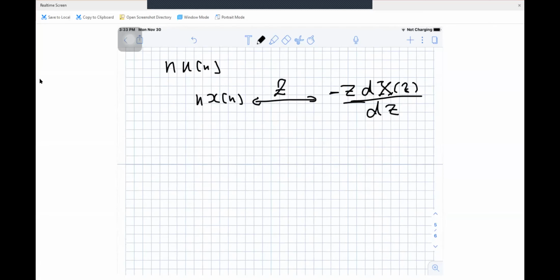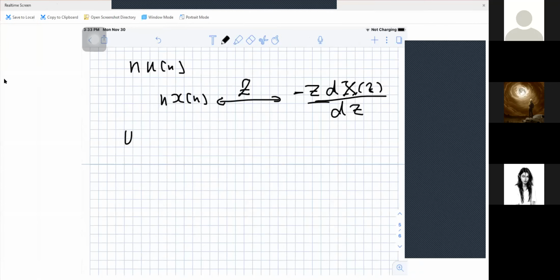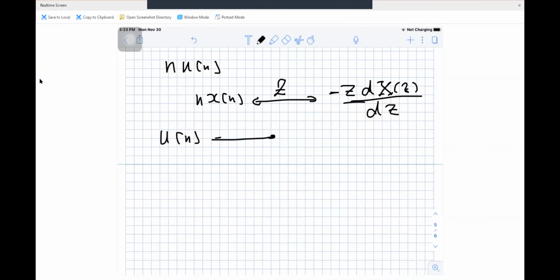Now, the z transformation for u of n, as you know, will be z over z minus 1, and the region of convergence is magnitude of z greater than 1.